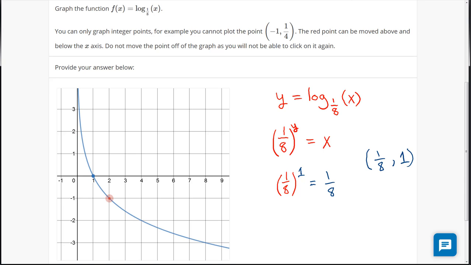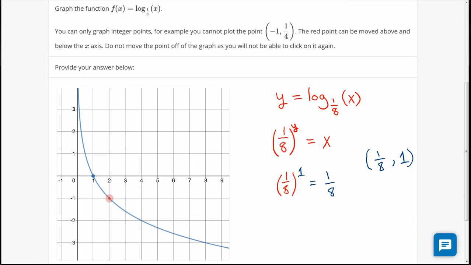If you read the fine print up here, it says you can only graph points that are whole numbers. So what I did here was completely correct, and this point will be on the graph of our answer, but I can't actually use it to answer the question. I'm going to have to try something else.